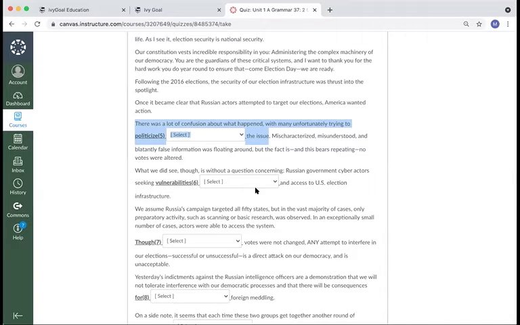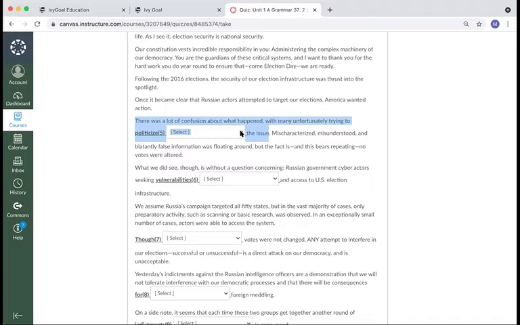Is it politicize? Politicize. Yeah, so go ahead and read the sentence. There was a lot of confusion about what happened, with many unfortunately trying to politicize the issue. So they're trying to do something. It's an action. I think it's an adverb.